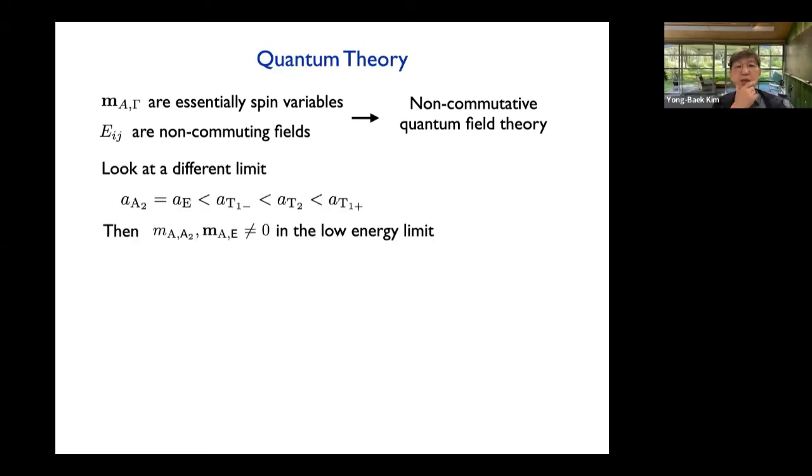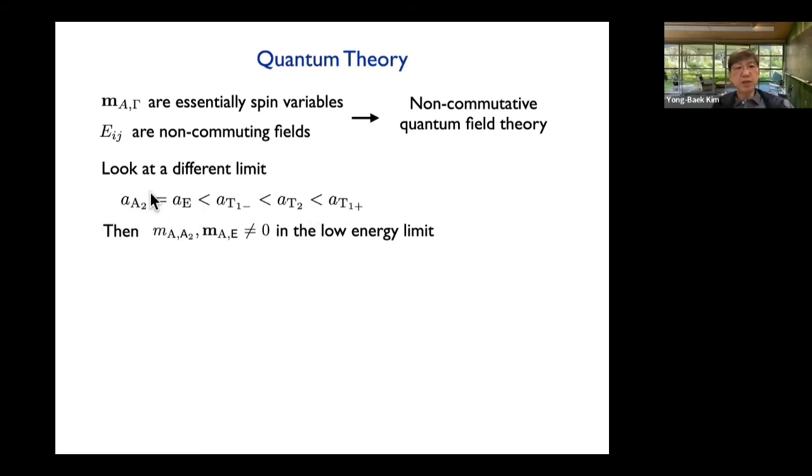So we decided to look at a different limit. We would like to look at this particular limit. Here we only keep the A mode and E mode, and all other T modes we say are in the high energy sector. So we set all of these modes to be 0. We only keep the A mode and E mode.